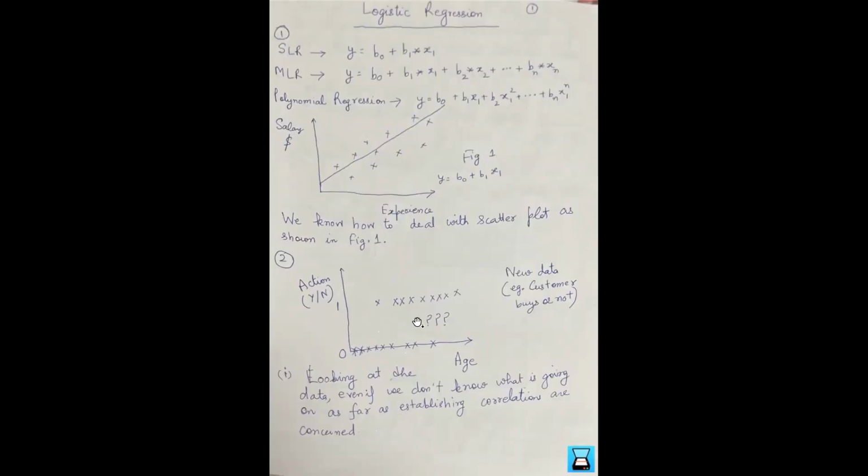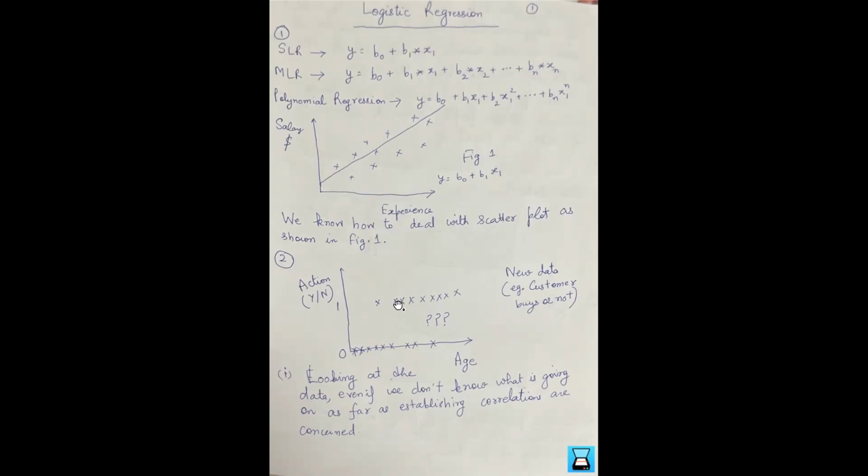Even if we don't know what is going on between 1 and 0, we can observe some kind of correlation: the not-buying decision is closer to the left side.